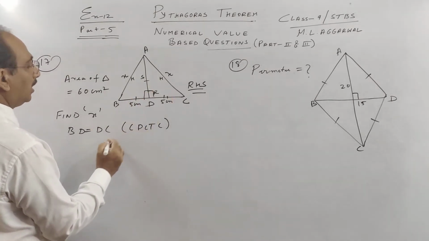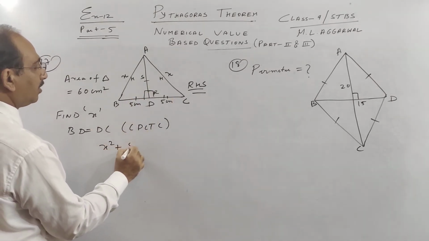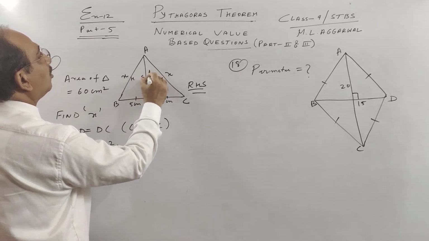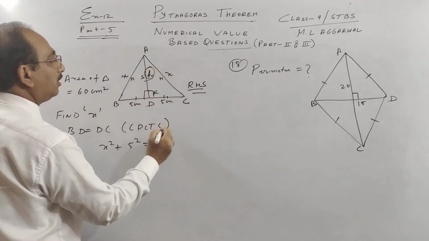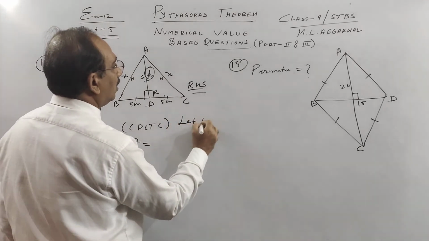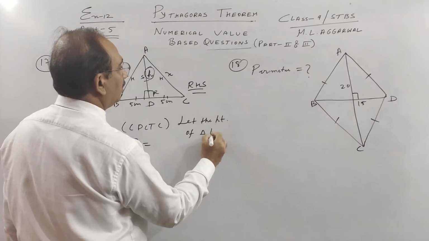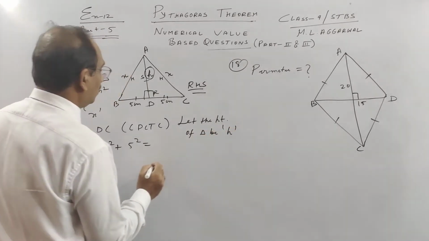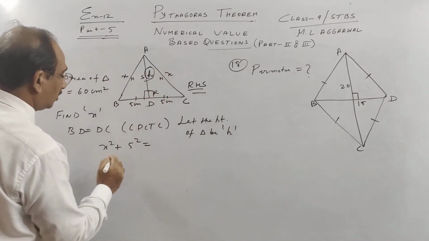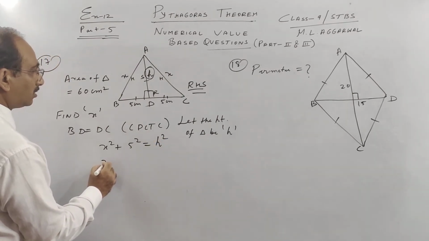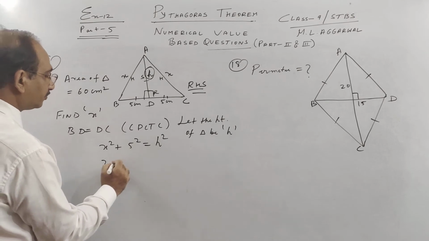So we know, see here, x square plus 5 square is, let the height of the triangle be small h, because capital H I have used for hypotenuse. So h square. So what do we get, children? X. Okay, h.